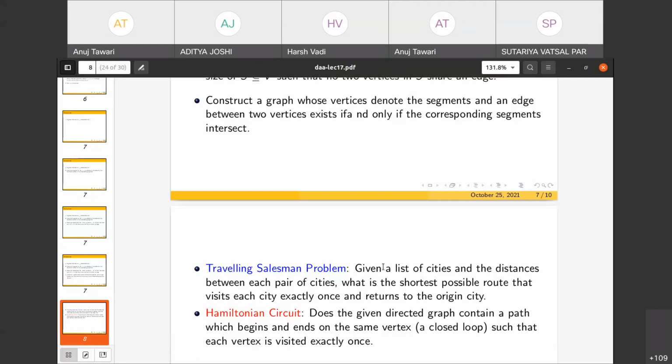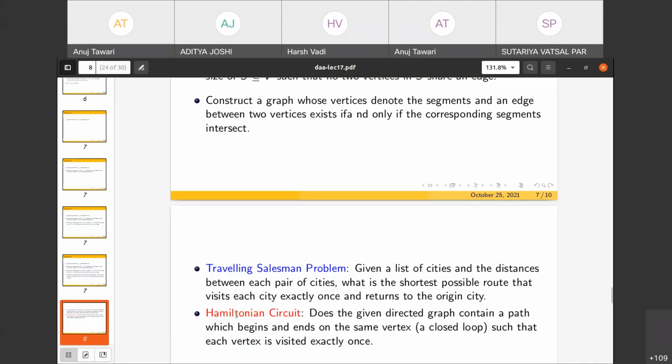And then we have another problem, which is this Hamiltonian circuit problem. The question is, does the given directed graph contain a path which begins and ends at the same vertex, such that each vertex is visited exactly once? So you can think of this thing as a generalized version.